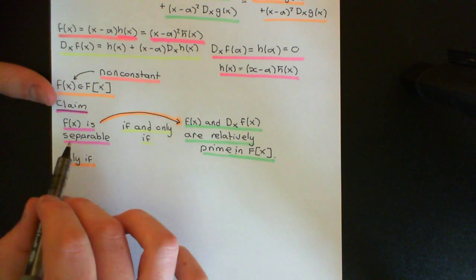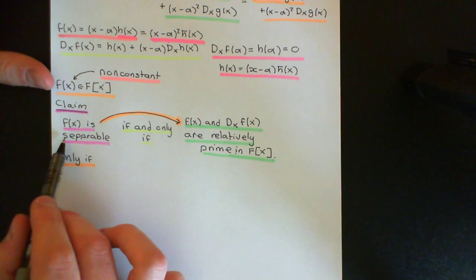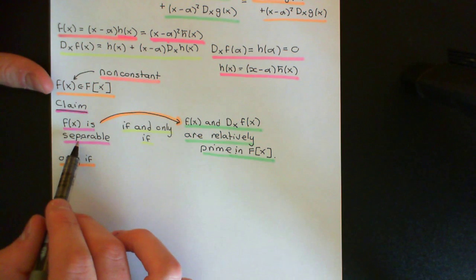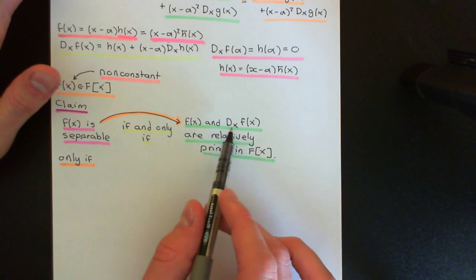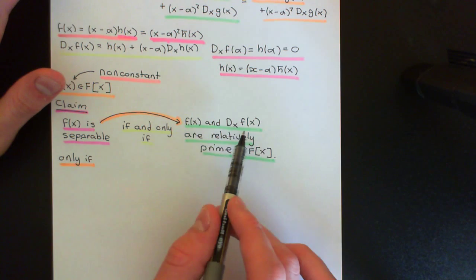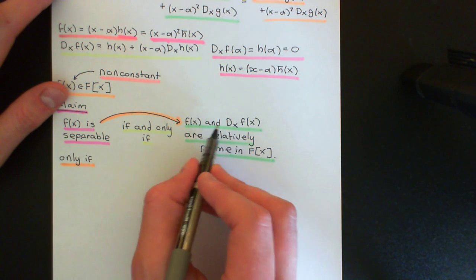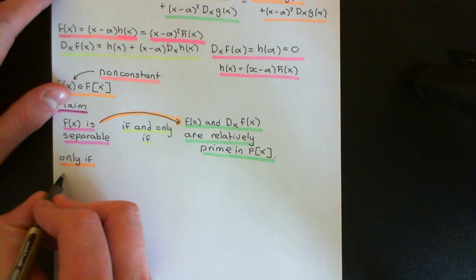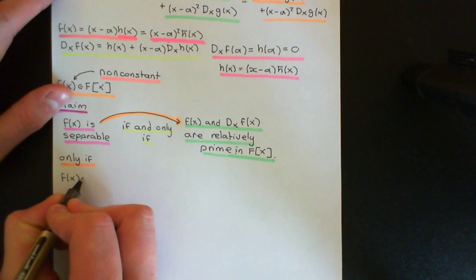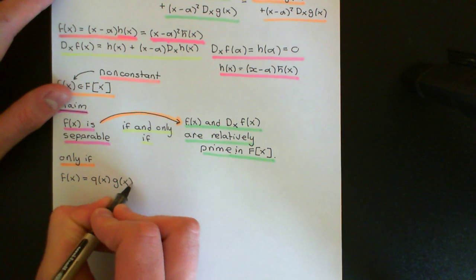Well, let's start with the assumption here that f of x is separable. And now let's do it by a proof by contradiction. So let's suppose that actually the two are not relatively prime. That would mean that f of x and the derivative of f of x had some common factor that was not a unit, i.e. I can write f of x as, let's say, some quotient q of x times this common factor g of x.